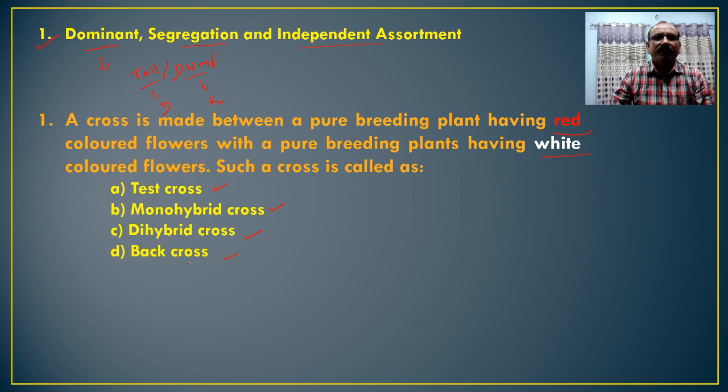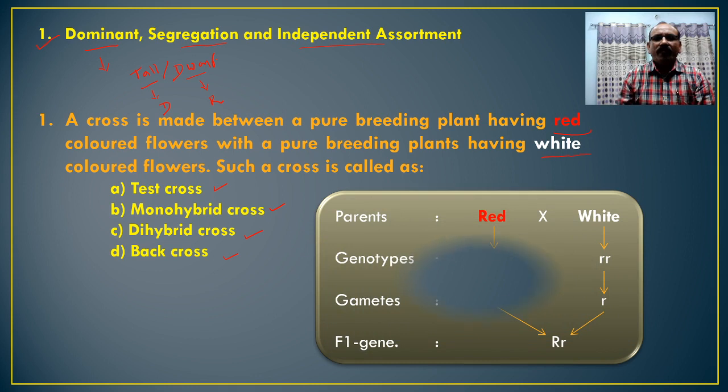Let's see. Here the parents are considered as a red flowered plant and a white flowered plant. The gametes are represented by capital R for red and small r for white.